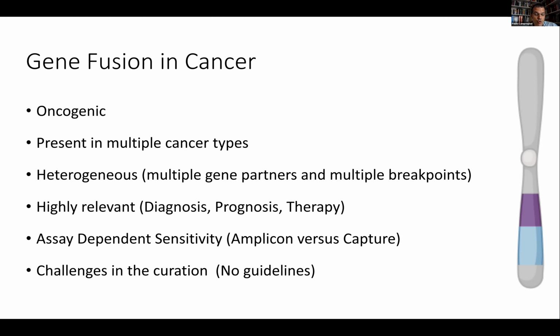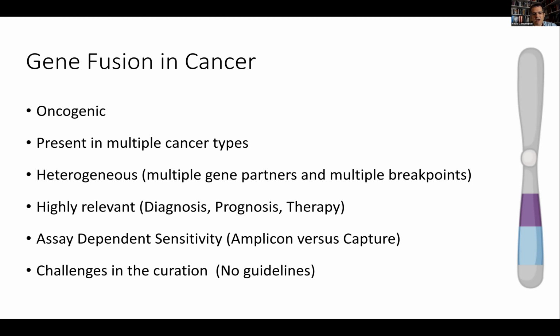They are very important for prognostic reasons, mainly in the field of hematological malignancies. Some fusions are associated with favorable prognosis, such as RUNX1-RUNX1T1 fusion in AML that is associated with a better prognosis. Others are associated with a very dismal prognosis, such as DEK-CAN fusion in AML.